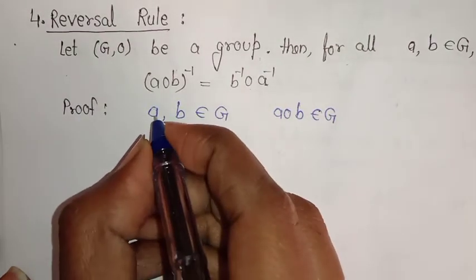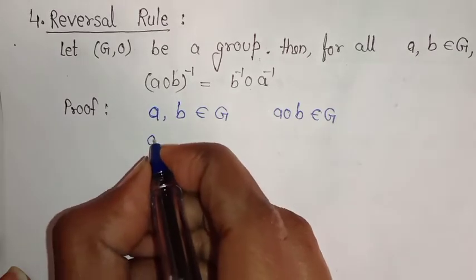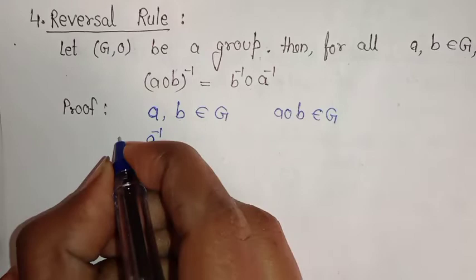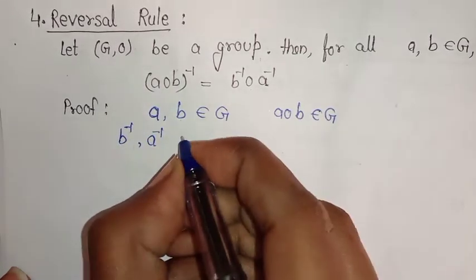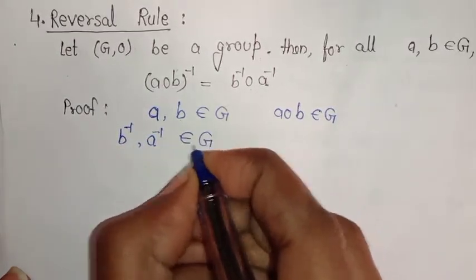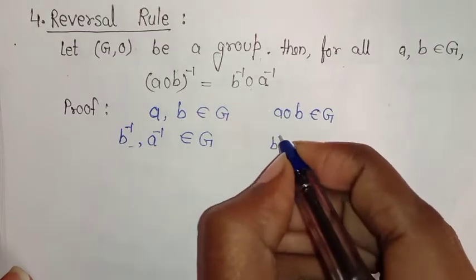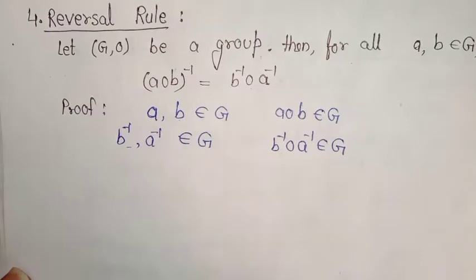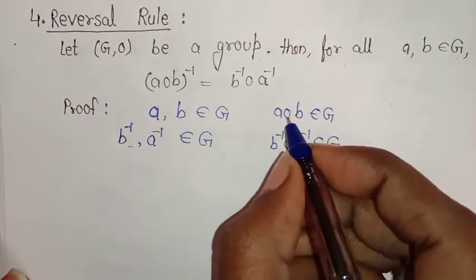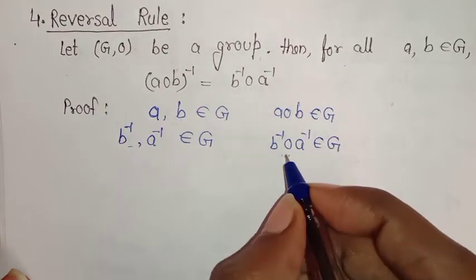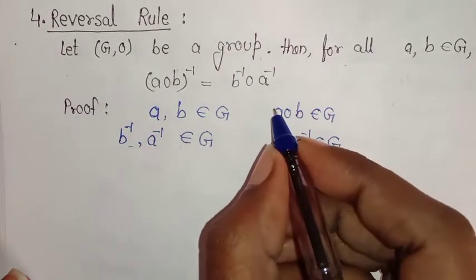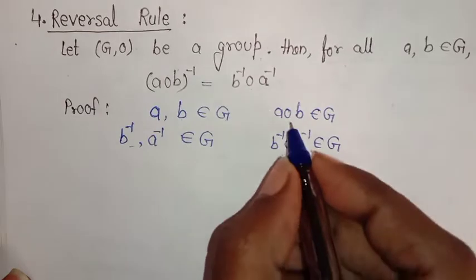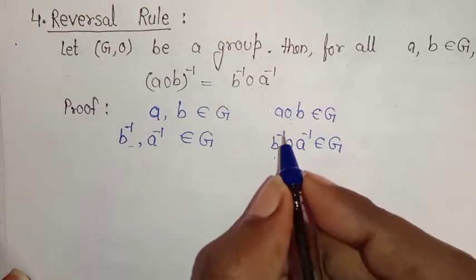And if a belongs to G, then its inverse must belong to G, and the inverse of b also belongs to G. Then if we apply the closure property over these two elements, b⁻¹ ∘ a⁻¹ also belongs to G. Now, if these two are elements of G, then their product, if we consider these two as elements and apply the operation ∘ over them, must belong to G.